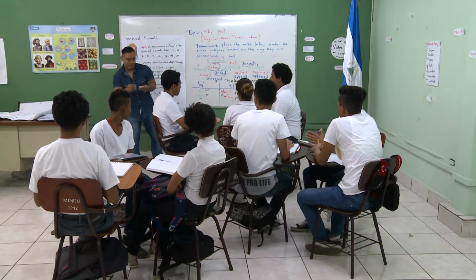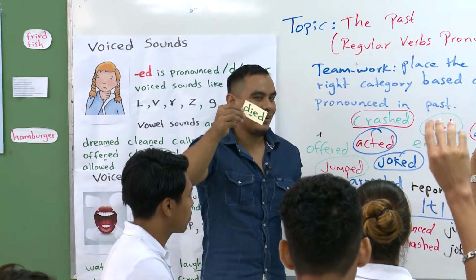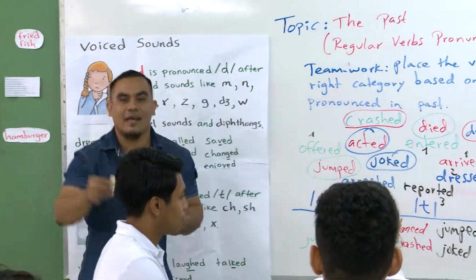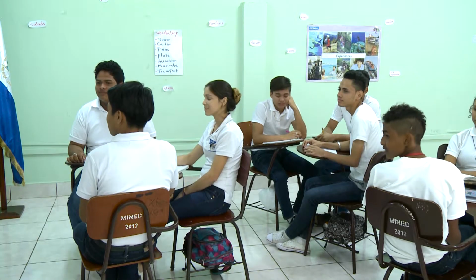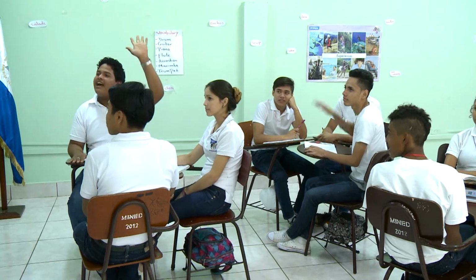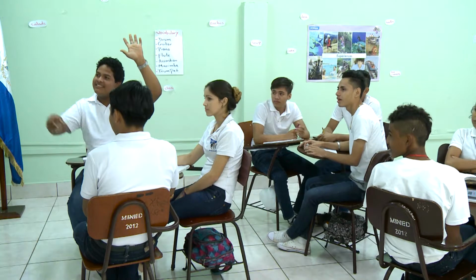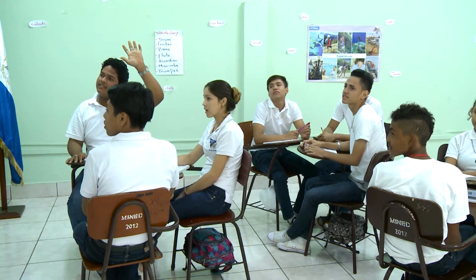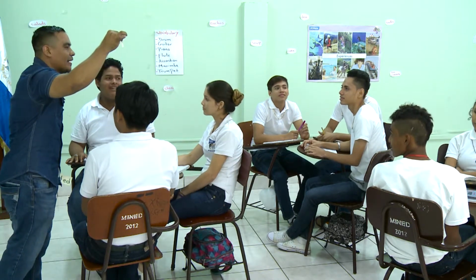Next. Died. Okay, you have 3 points. Everybody say died. Died. Happened. No. T or D? Everybody say happened. Happened.